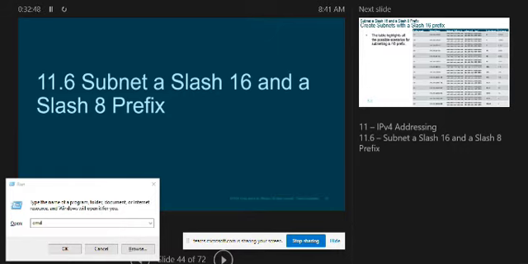So in the previous slide, in the PowerPoint, we saw them take and change this to a .128. So they moved this from a /24 to a /25.